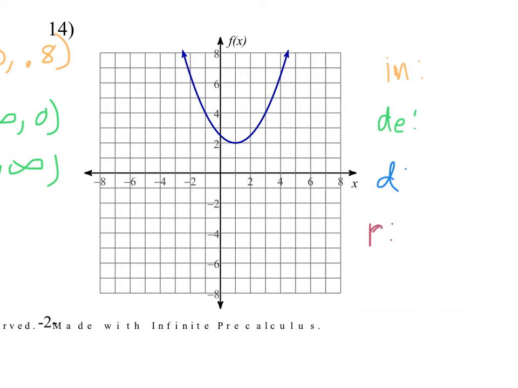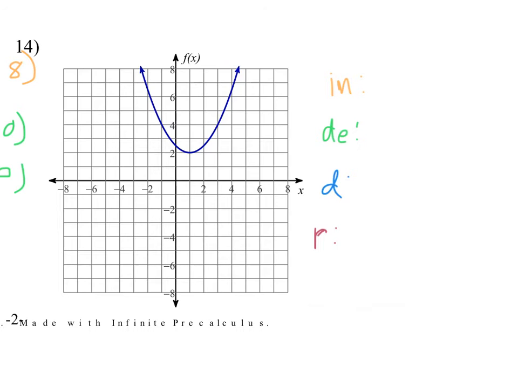What is our interval that this graph is increasing? What do we put for increasing? 1 to infinity.